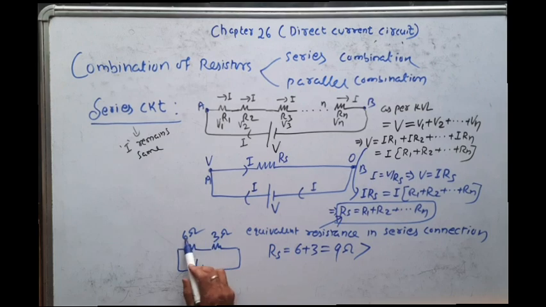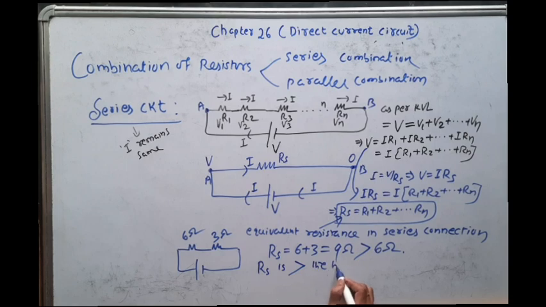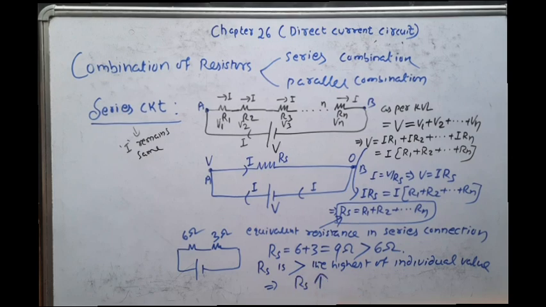Here, 3 ohm, 6 ohm, which is the highest value? 6 ohm. But we are getting net resistance greater than 6 ohm. Or we can say the equivalent resistance in series connection is greater than the highest of the individual values. That implies in series connection net resistance increases.